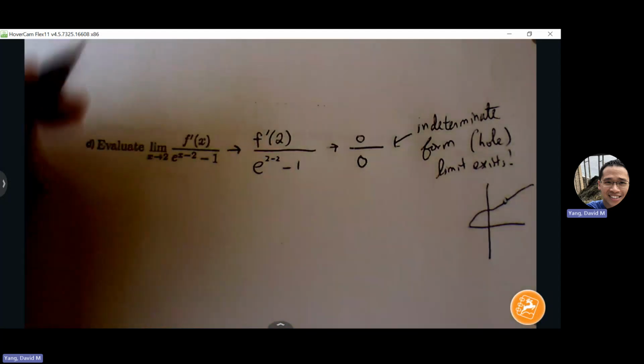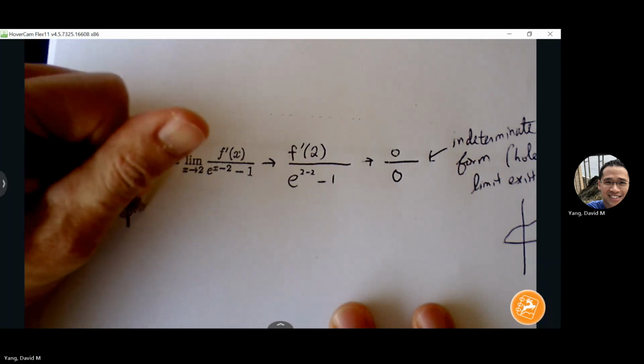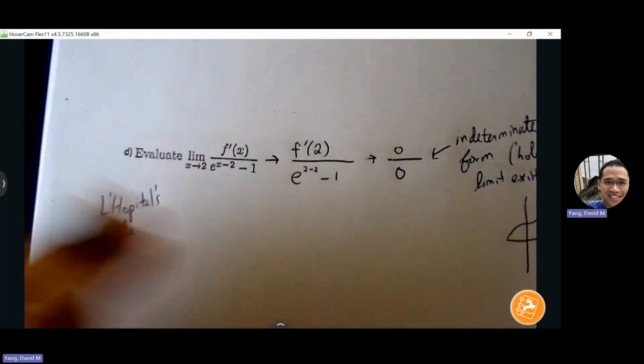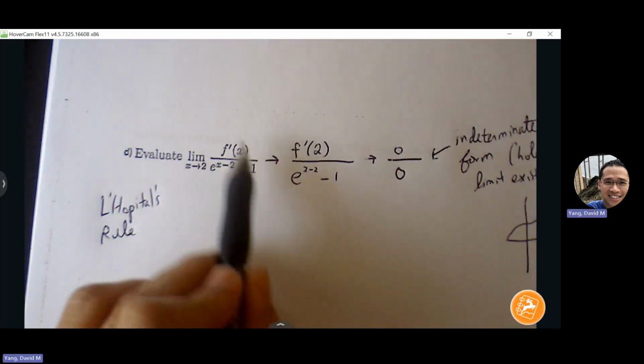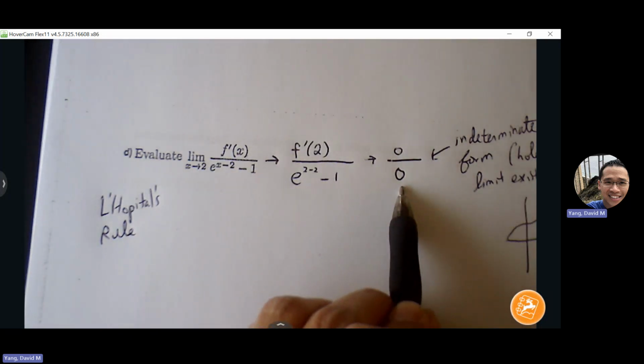So we have something called L'Hopital's rule, which allows us to use the concept of derivatives to help us create a different version of this expression for us to evaluate the limit and hopefully get us to something that is a real number that we can use.